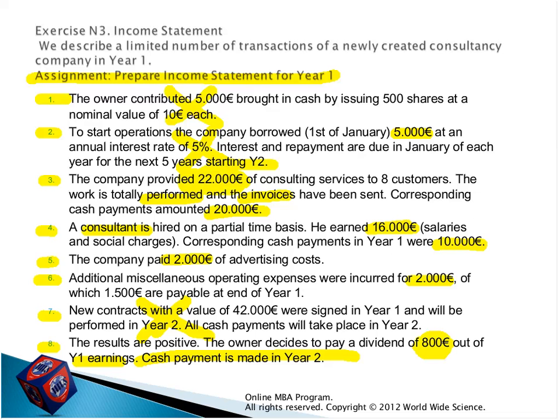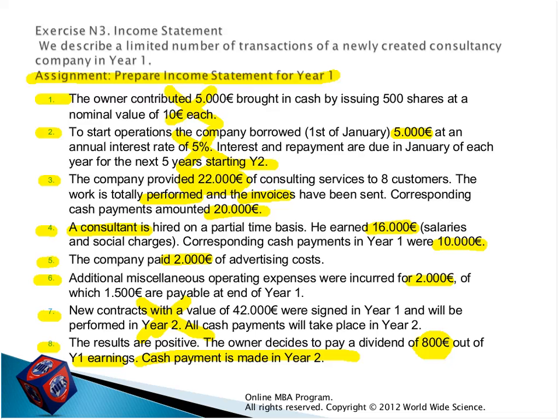Some of you are asking me why we haven't recorded the 10,000. About the salary, the corresponding cash payments in year one were 10,000. You see here it says that a consultant is hired on a part-time basis.